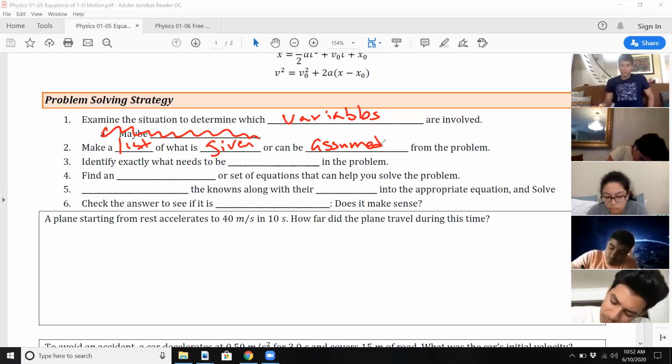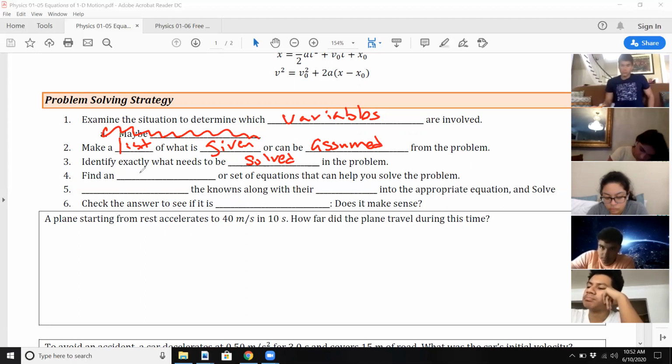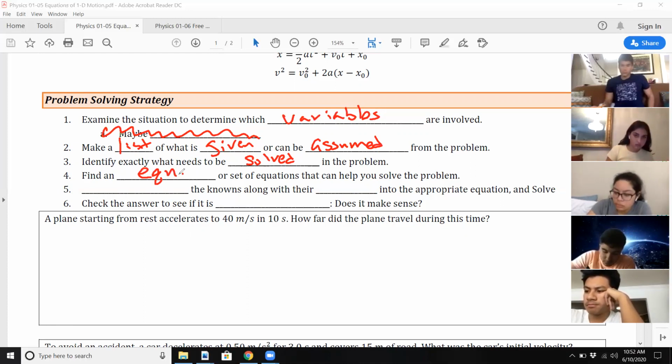Like if you're at rest, you can assume your initial velocity is 0, so stuff like that. Identify exactly what needs to be solved in the problem, and find an equation or set of equations that helps you solve the problem.